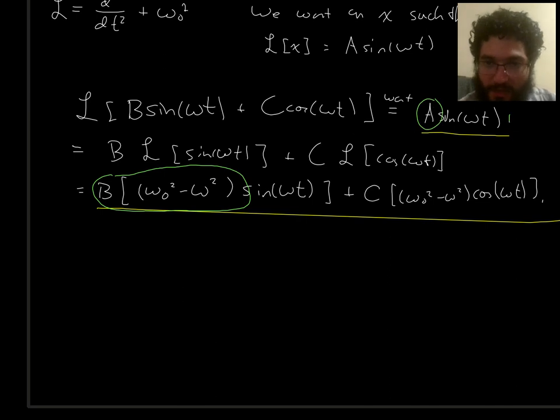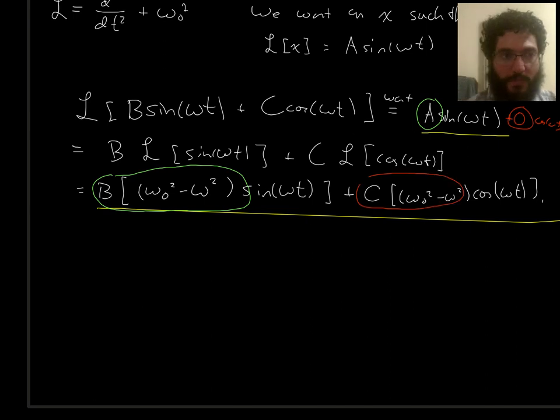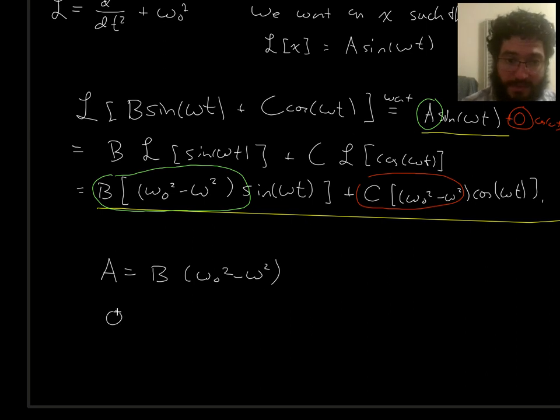And then I think of this as, let me use a different color, I think of this as plus 0 cosine omega t, right? And then the 0 I match up with this part. So I have these two equations. A equals b times omega naught squared minus omega squared, and 0 equals c times omega naught squared minus omega squared.